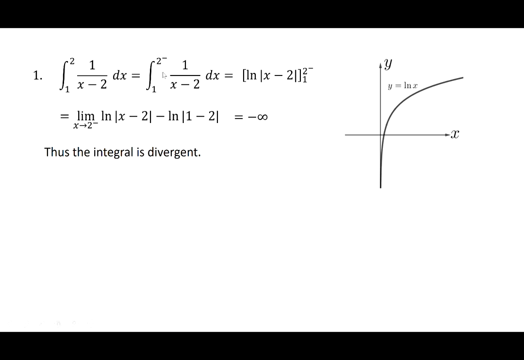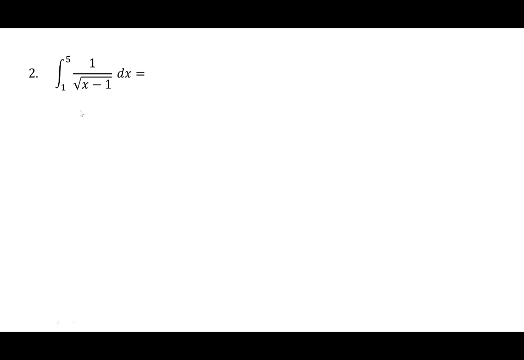We'll stay slightly to the left of it, which we indicate as integrating to 2 minus. And then we'll evaluate the limit as x approaches 2 minus instead of plugging 2 minus in for x. What's the situation here? Oh, there's a problem at the lower limit. And what is our understanding?